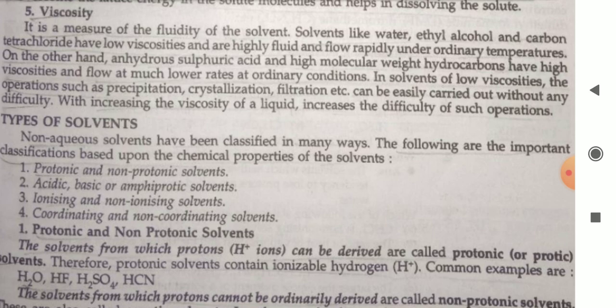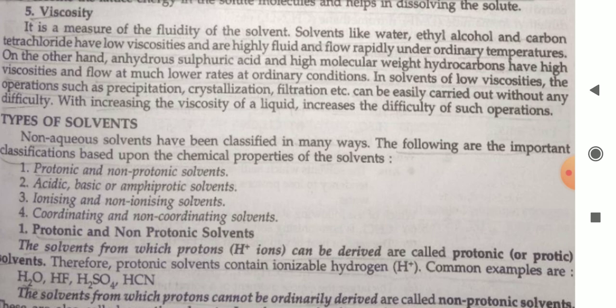On the other hand, anhydrous sulfuric acid and high molecular weight hydrocarbons have high viscosity and flow at a much lower rate at ordinary conditions. In solvents of low viscosity, operations such as precipitation, crystallization, filtration, etc. can be easily carried out without any difficulty. With increase in the viscosity of the liquid, the difficulty of such operations increases.